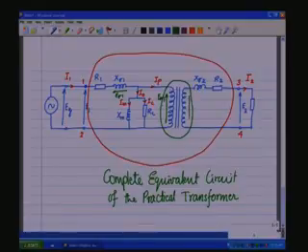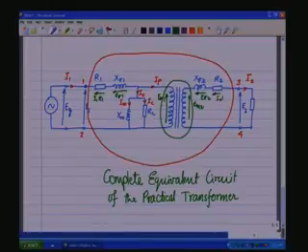Likewise, this voltage is EM2 and this voltage is E sigma 2, and there is a voltage here which is I1 R1, there is a voltage here which is I2 R2, which defines completely the equivalent circuit of the practical transformer.